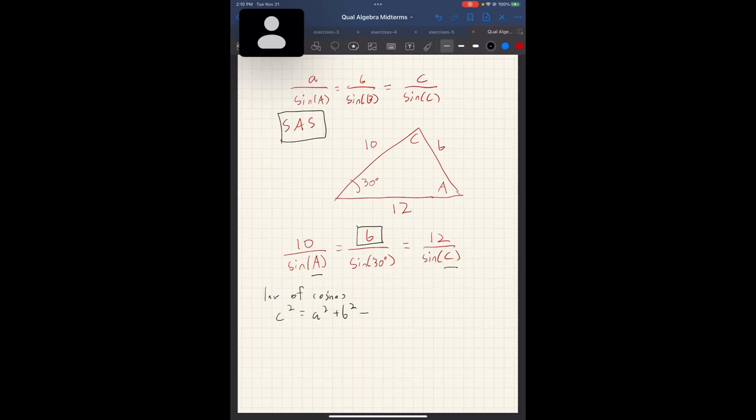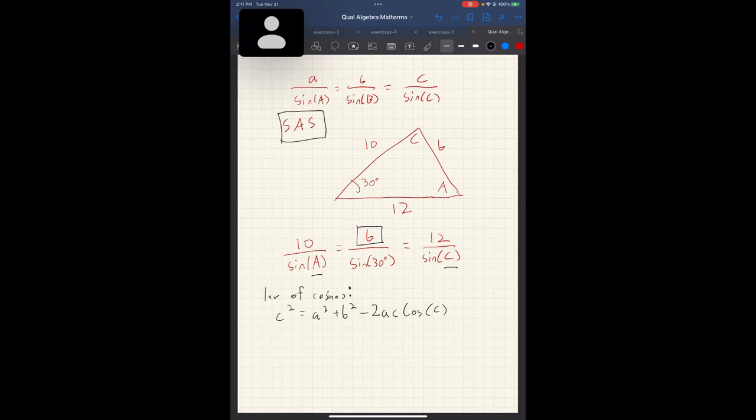We have c squared is equal to a squared plus b squared minus 2 times a times b times cosine of angle C. So we can tell this starts off like the Pythagorean theorem, but then we have to tack on this extra bit. And this is true for any triangle, for an oblique triangle. So whether we're a right triangle or not, whether we know what the angles are or we have no idea, the law of cosines is still always going to be true.